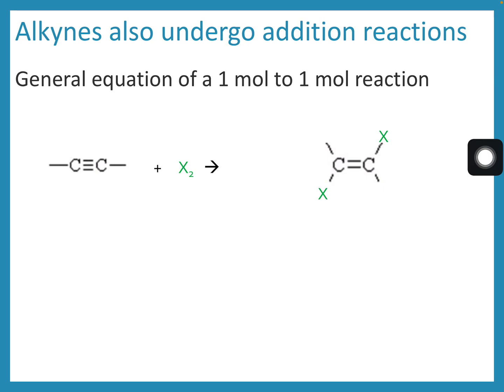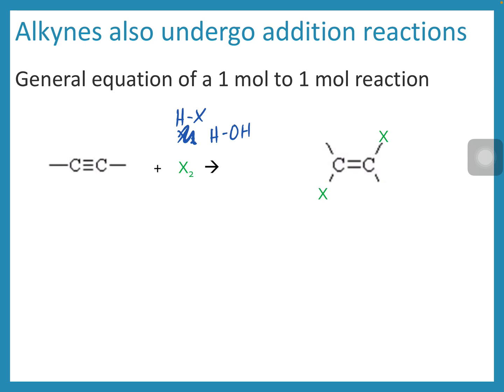So we may have some isomers based on if we have either HX or water being added. So if it's X2, a halogen, or hydrogen, then we don't have isomers. We only have 1 product being created.